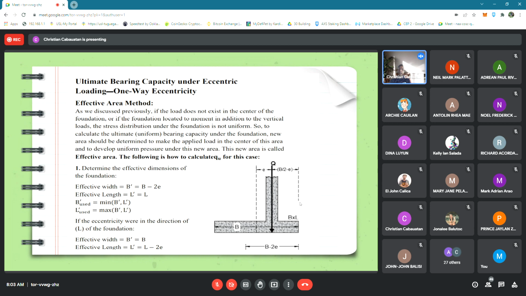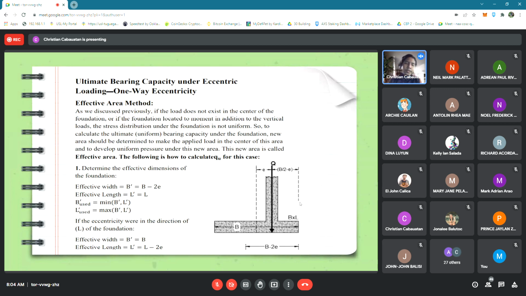If the eccentricity rotates in the axis of the L direction, the effective width B prime is equal to B. Lagi niyo tatandaan ito kasi mostly it would help you during computation later on. And then for the effective length, L prime is equal to L minus 2 times its eccentricity.